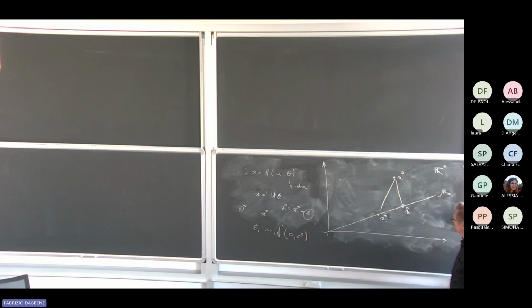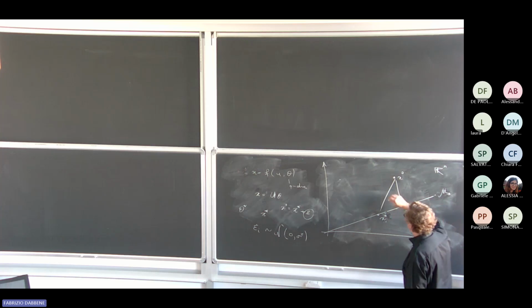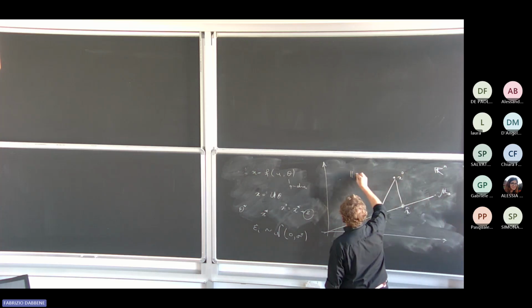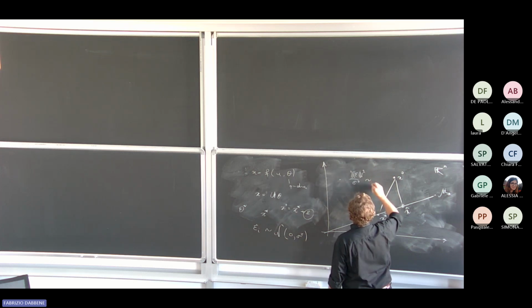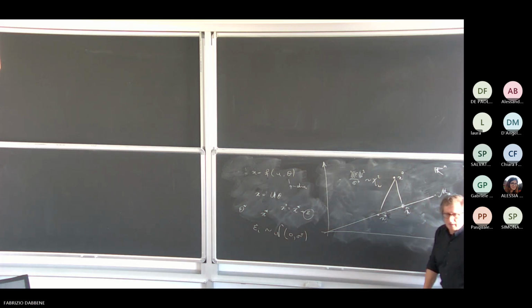So by the way, its modulus squared divided by sigma squared is distributed as chi squared with n degrees of freedom.